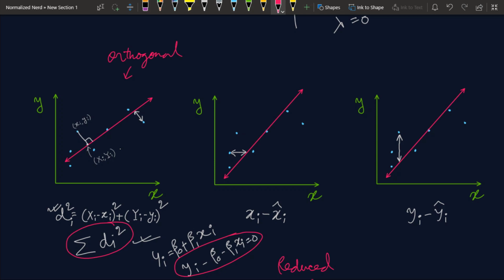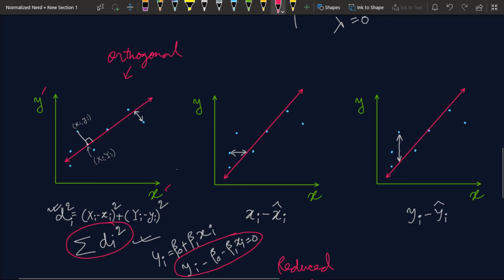In other words, it may happen that in our data we have uncertainties corresponding to both the independent variable, that is our x, and the dependent variable, that is our y. So to incorporate the uncertainties for both of them, we need to consider error in both the directions, and that is what we have done in orthogonal regression and reduced major axis regression.